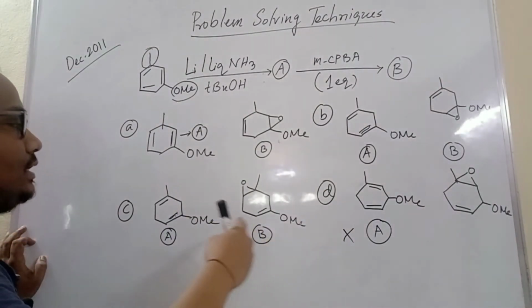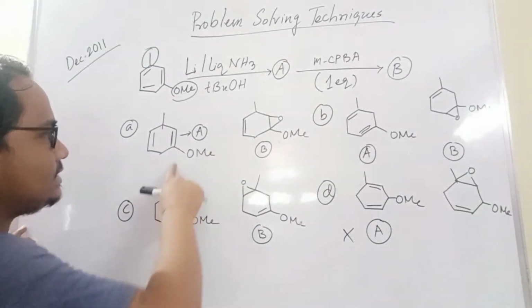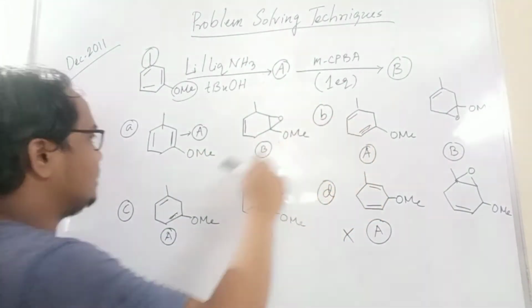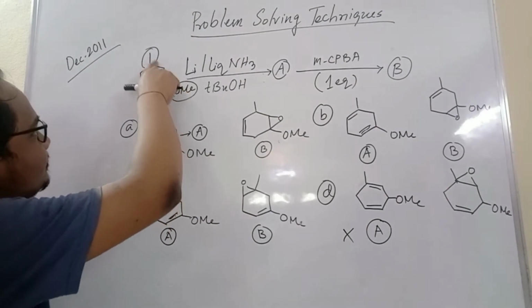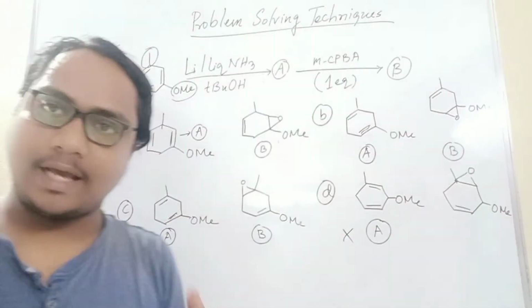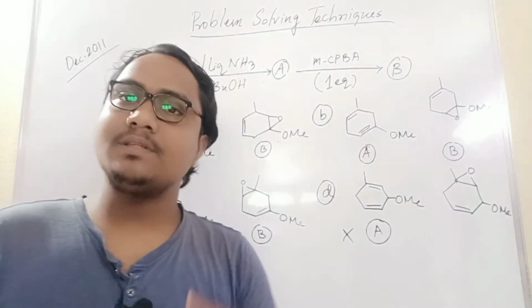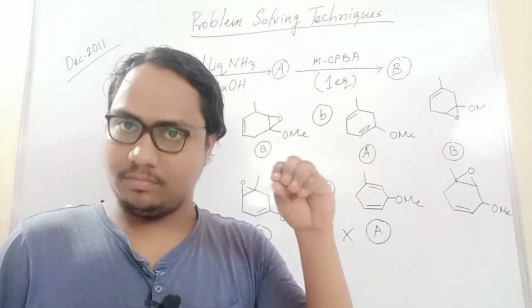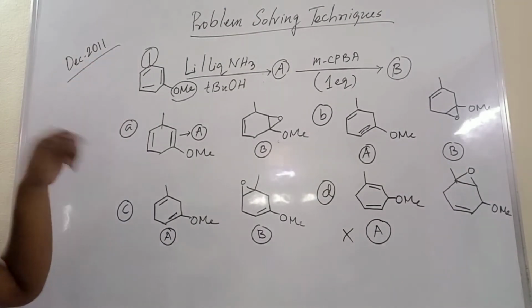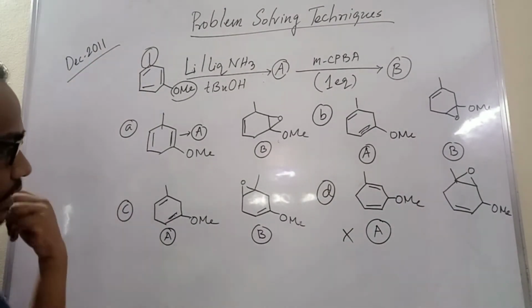Next, you have to see in these 3 options the first step A. Here the methoxy group is near. Here you see another methyl group is there. The methyl group also has a plus I effect. Plus I effect means donation of electron, so it is also an electron releasing group. So another double bond will shift near to the methyl group.